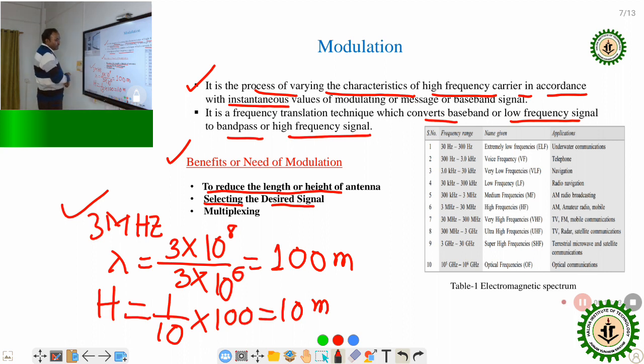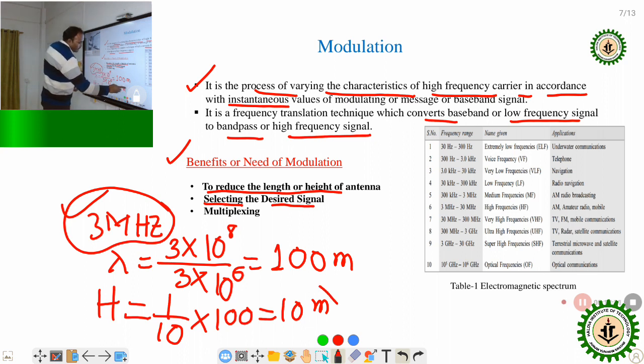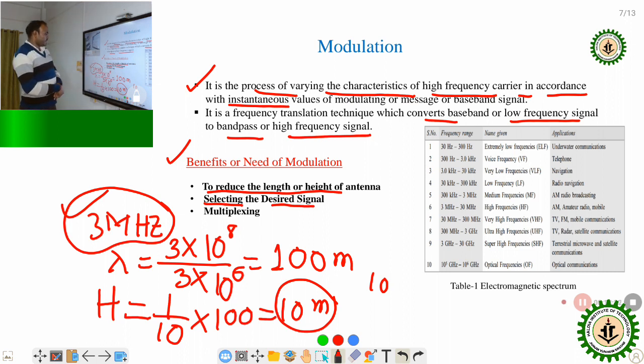So now if you use this carrier signal to transmit your message, your antenna height is reduced to 10 meters. Previously it was 10 kilometers, now it is 10 meters. Now you can make this antenna. Practically you can build this size of antenna. So that is one important concept of the modulation technique.